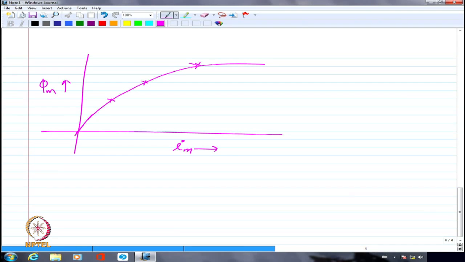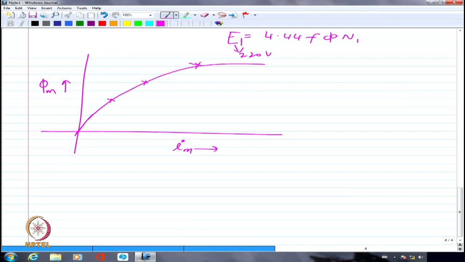But if I am following basically this particular operating point of, let us say, a 220 volts transformer, you know this equation, E1 = 4.44 × f × phi × N1. Very clearly, for a given voltage and a given frequency, my flux is fixed.